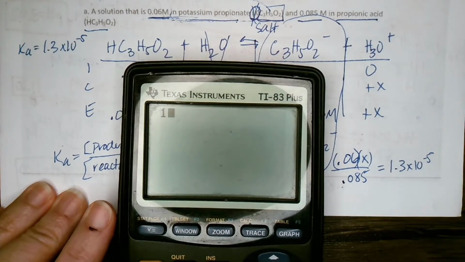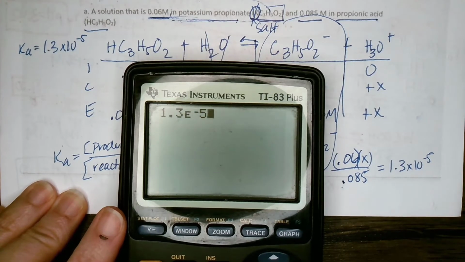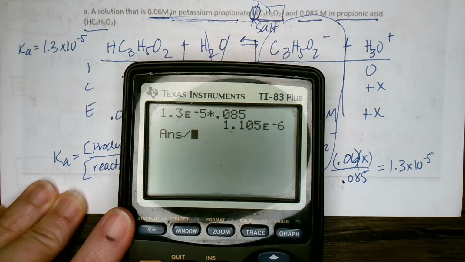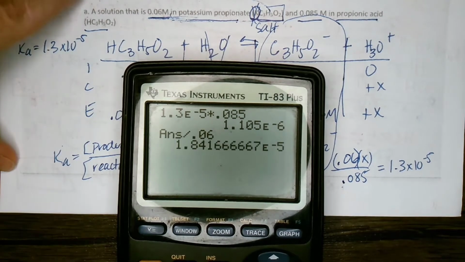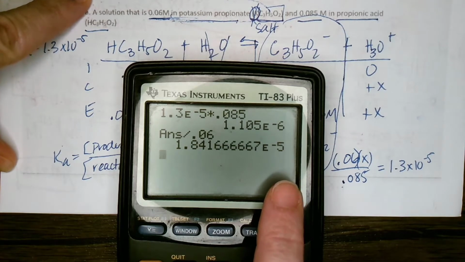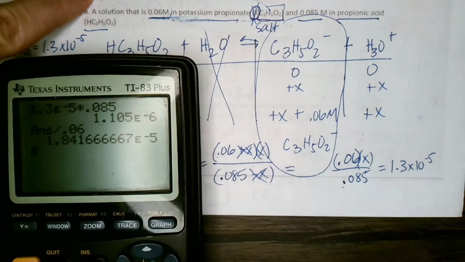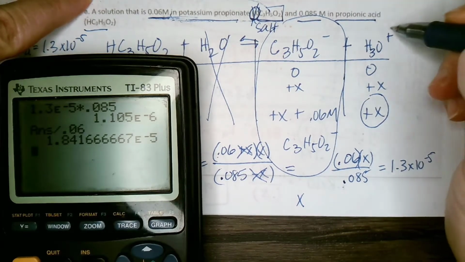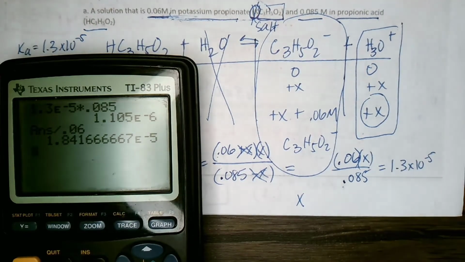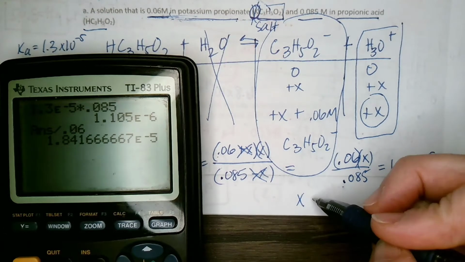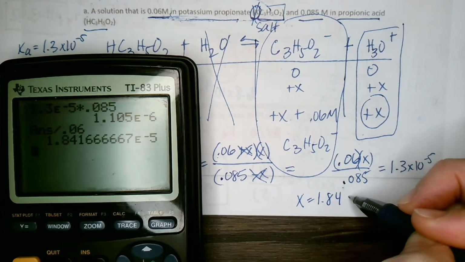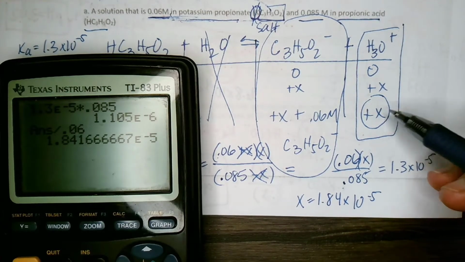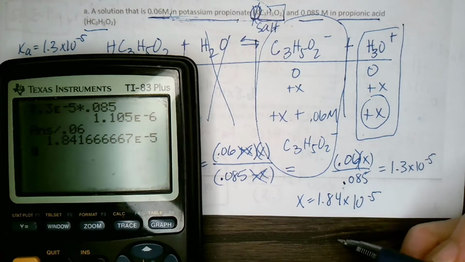So let's do some simplifying here. 0.085 times 1.3 times 10 to the negative 5th, and then we're going to divide it by 0.06. So that gives me an X value, and we know that our X value is equal to our hydronium ion concentration. So this X is equal to 1.84 times 10 to the negative 5.